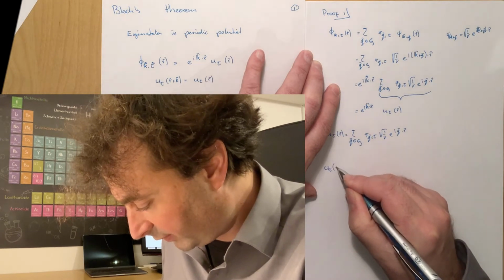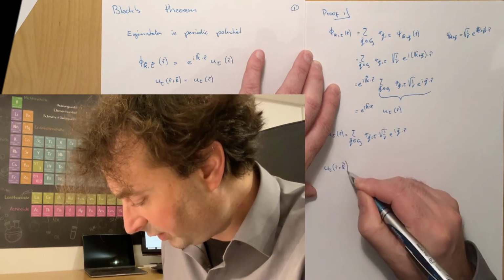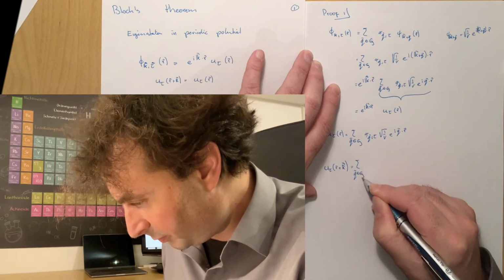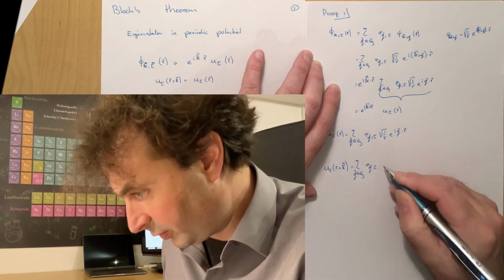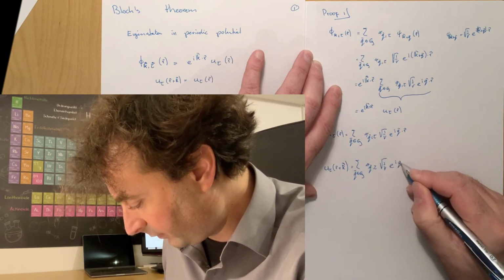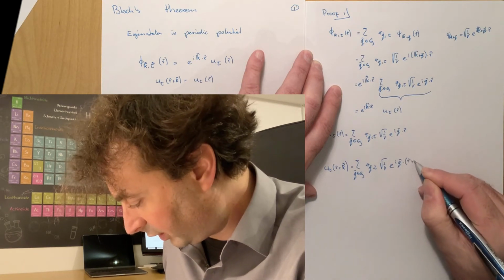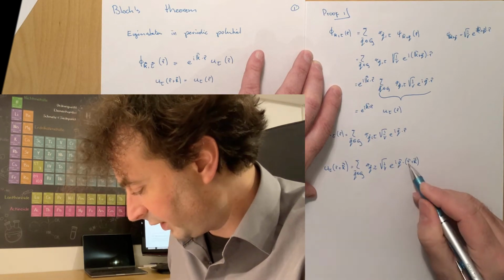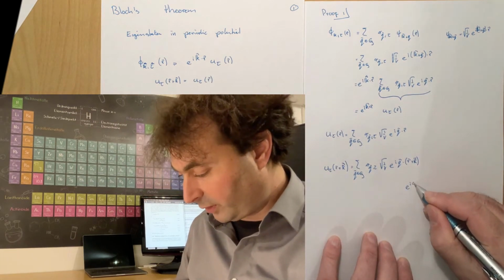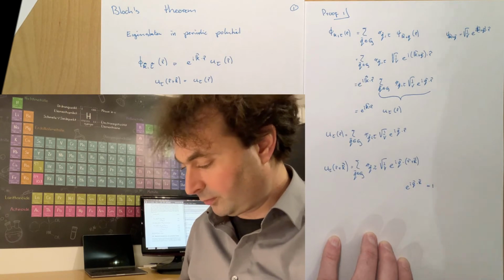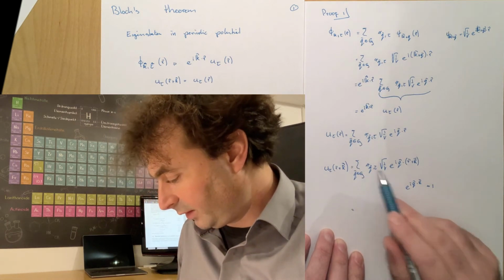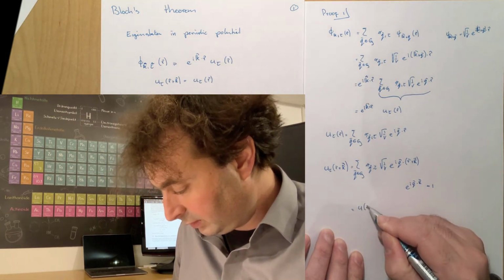So we can have a look at u_τ(r + R), so shifted by a real space lattice vector, which is a sum over all reciprocal space lattice vectors q, τ, a complex number, √(1/V) e^{iq·(r+R)}, which is e^{iq·r} times e^{iq·R}, and e^{iq·R} is 1 by the definition of the reciprocal lattice, and therefore what we have here is just u_τ(r).